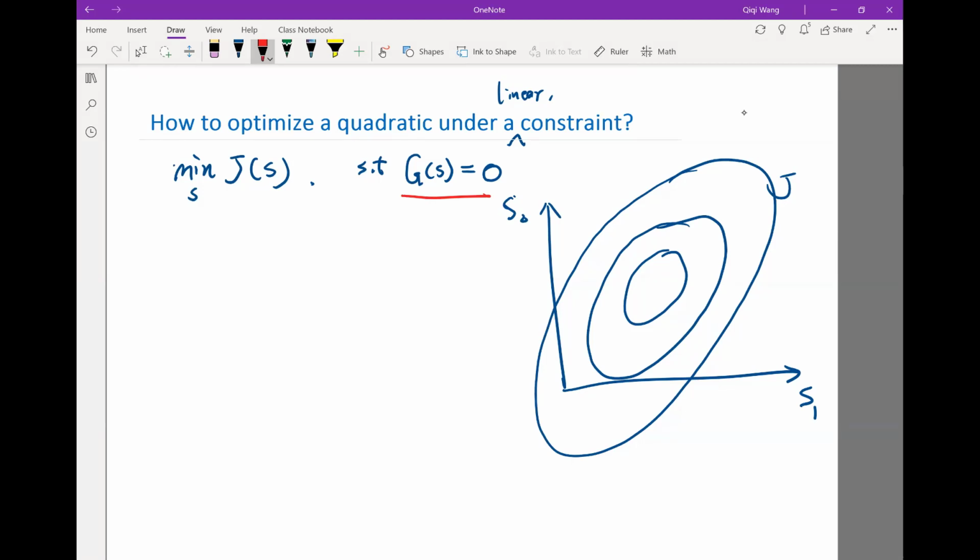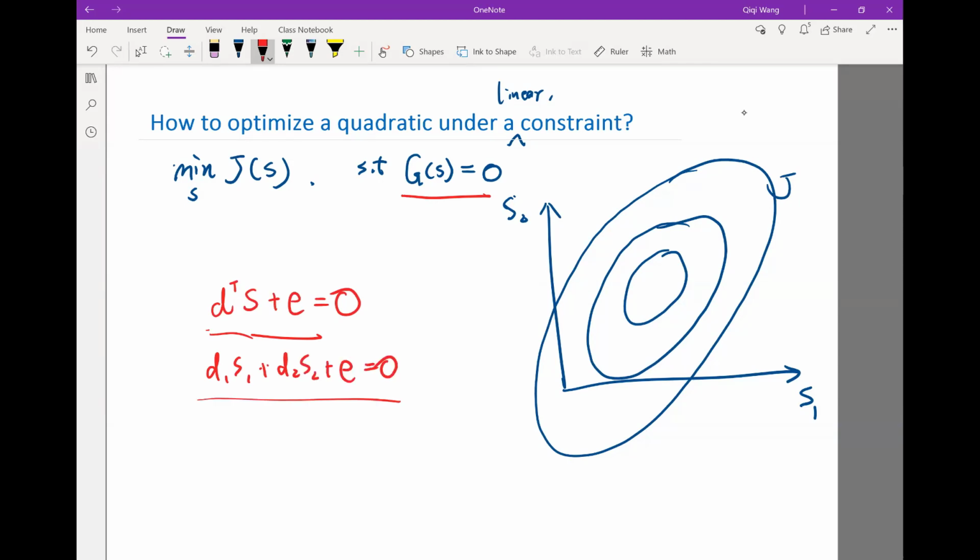Let's write it down: G of S being a linear function has to be D transpose S plus E is equal to 0. So that's a linear constraint, right? Which means D1 S1 plus D2 S2 plus E is equal to 0. So I have a linear combination of S1 and S2 that's equal to minus E, a set value.